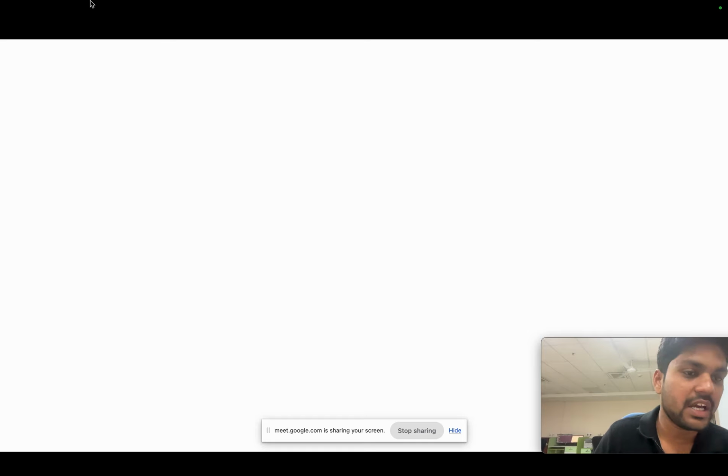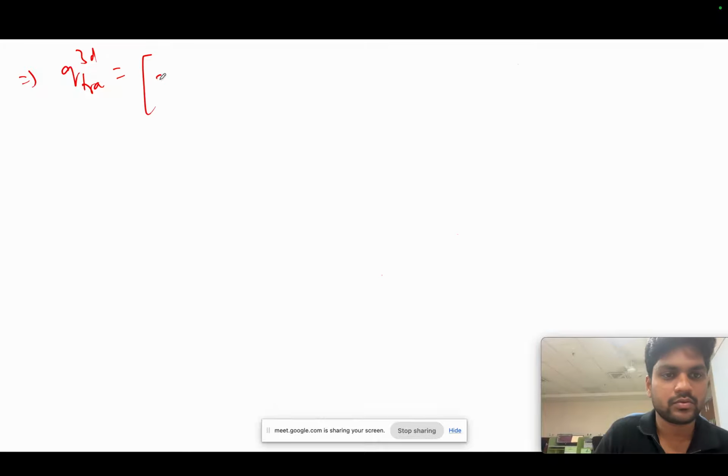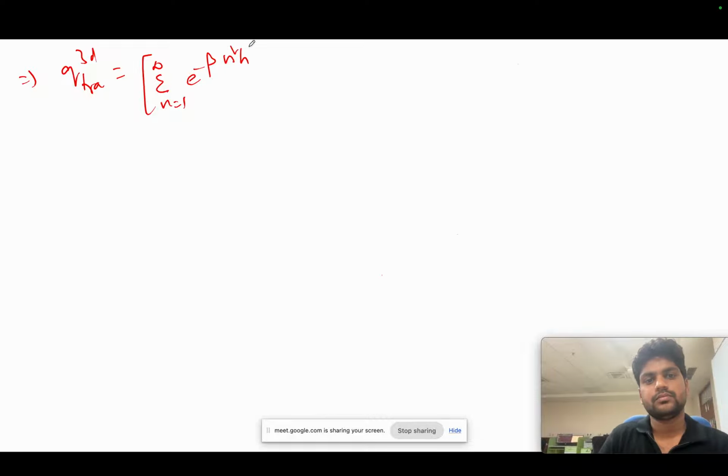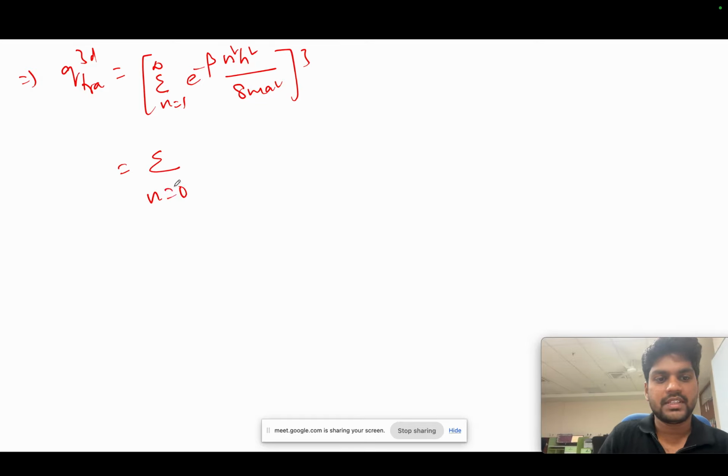If we are taking 3 dimensions, then it will go as q trans 3D equals sigma n equal to 1 to infinity e to the power minus beta, and so on, for 3 dimensions. For the sake of simplicity in mathematics, we are keeping 0 to infinity.